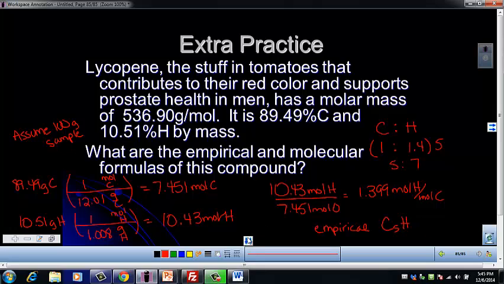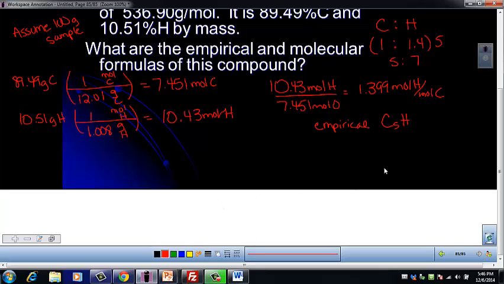So let's try another. Let's go ahead and figure out the molecular formula. We've got to first calculate the molar mass of the empirical formula. So let's scoot this down a little bit and add that up. Just realized I didn't have the 7 there.